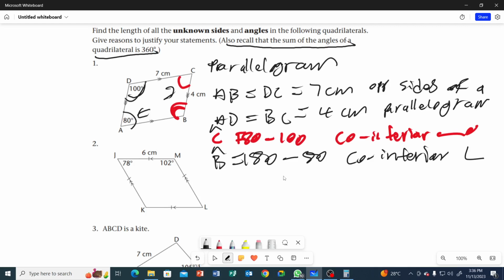So B is 100 degrees and C is 80 degrees. So with that being said, opposite angles of a parallelogram are equal.